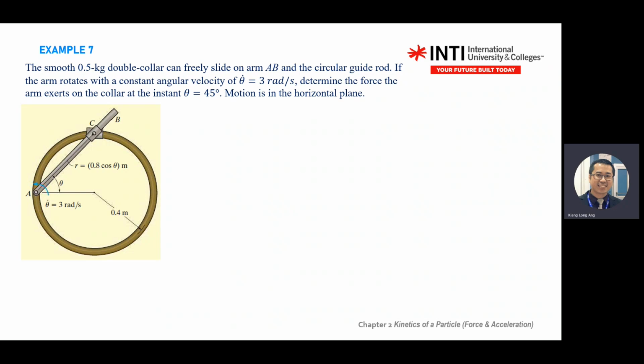So in chapter 2, when you draw a free body diagram, always remember you will have two forces. All objects will always have a mass. Mass will always be pulled by gravity, which creates your weight, mg.